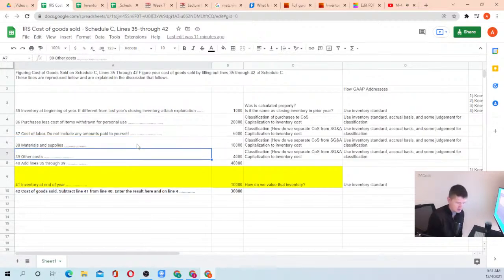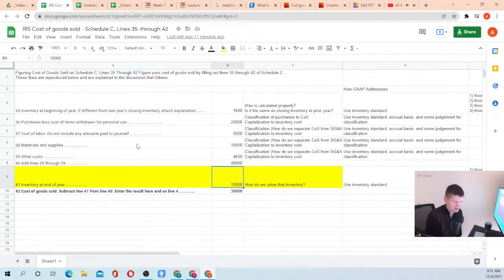So here is our roll forward. Imagine that we use FIFO, which in general produces the highest cost of inventory. Let's say we ended up with 20,000 of inventory, and with that 20,000 of closing inventory, our cost of goods sold is only 20,000.